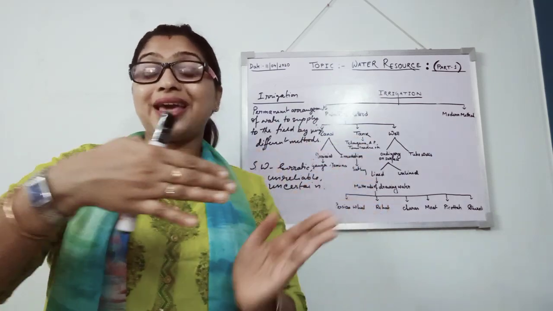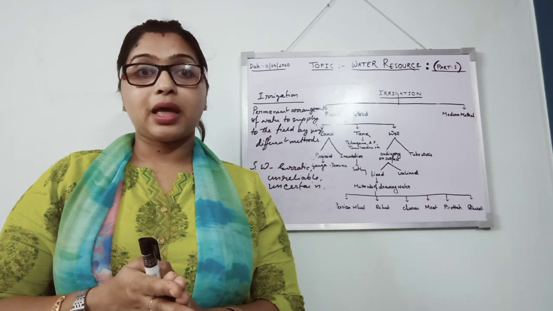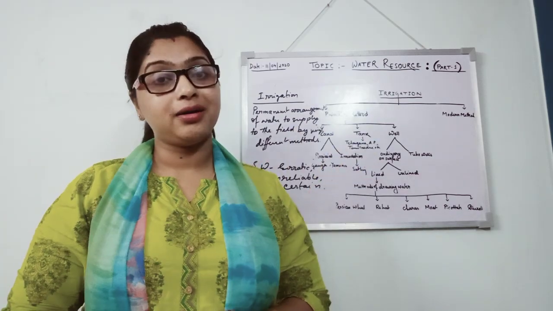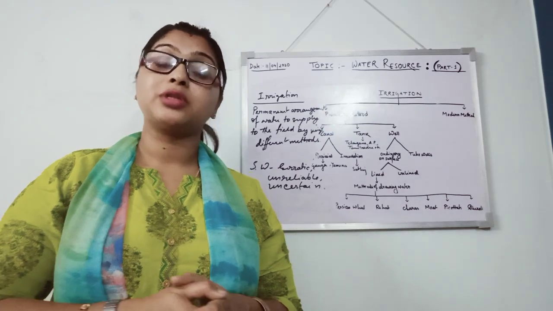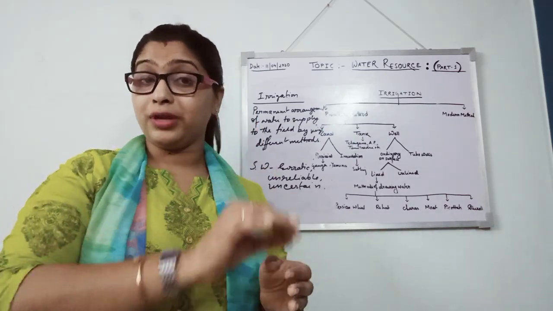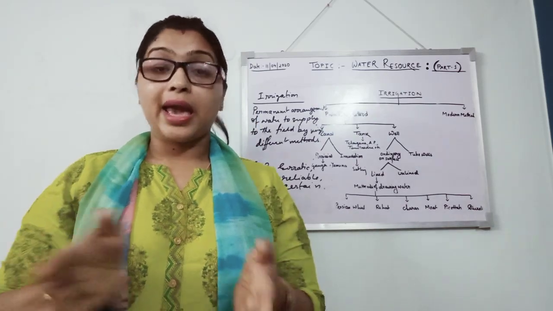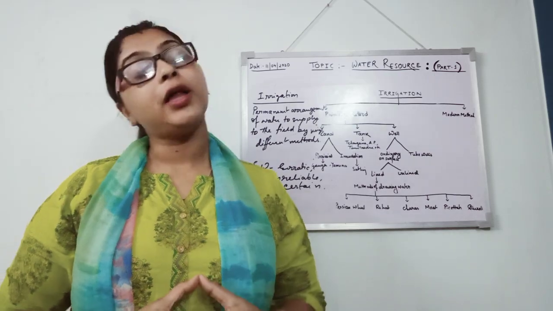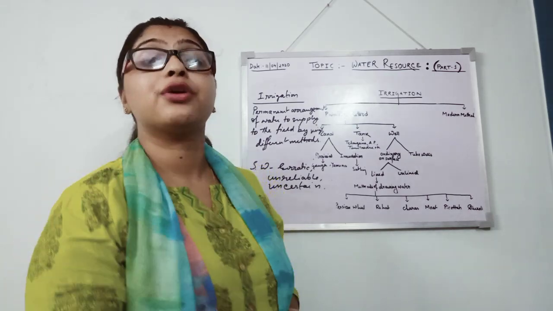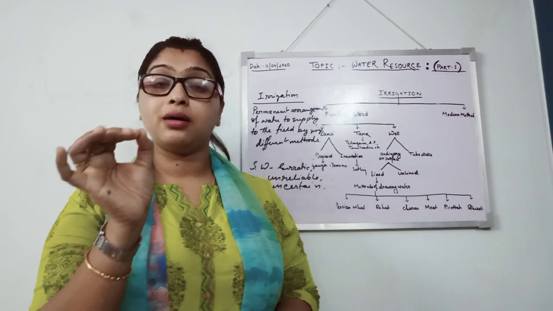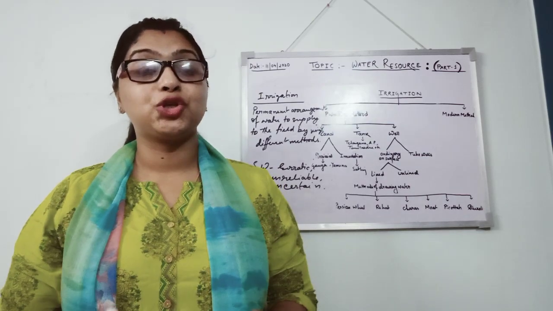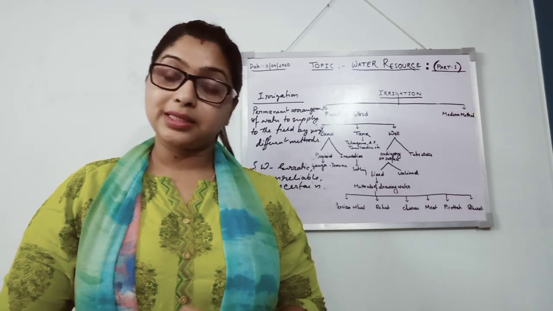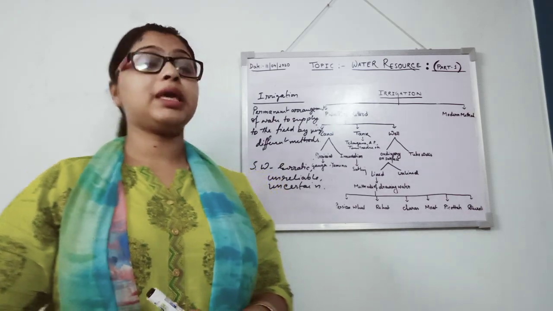To channelize the water and control the flood, people make inundation canals to supply water from the river to the field, as well as to control the flood. Like in the Satluj river, a tributary of the Indus river, we can see this kind of inundation canal. Is it clear, students? Yes.